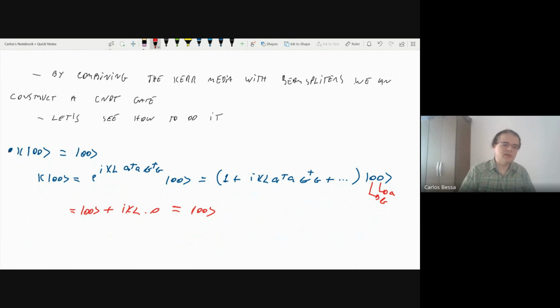So now, let's see what happens when I have K, and I have no photon in mode B and one photon in mode A. So we do this again, apply b dagger b to 0, 1, make the expansion, the same thing, a dagger a b dagger b, higher order terms, 0, 1.